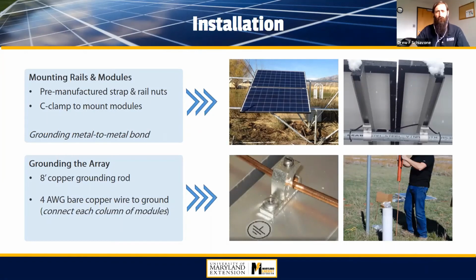Everything else was locally sourced, but the railing attaches there. You'll see at the bottom of the modules the C-clamps holding the railing to the steel pipe, and it also needs grounding. In this case, an 8-foot grounding rod was driven into the ground, and a copper wire attaches the modules to the grounding rod.